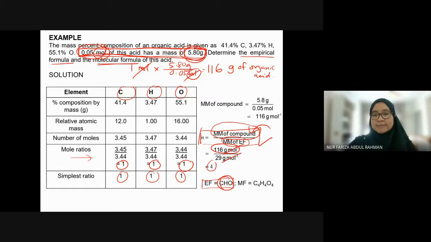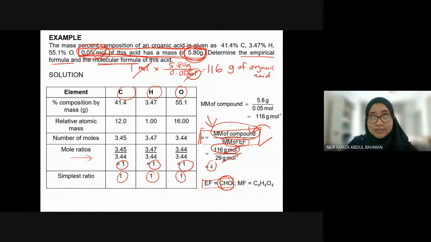This is not all. Not all calculation will be using dimensional analysis. There are formulas like to find the value of N ataupun the molarity later on.